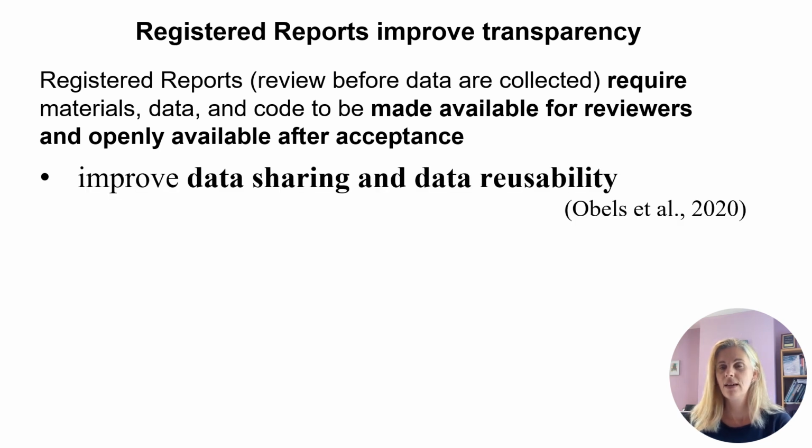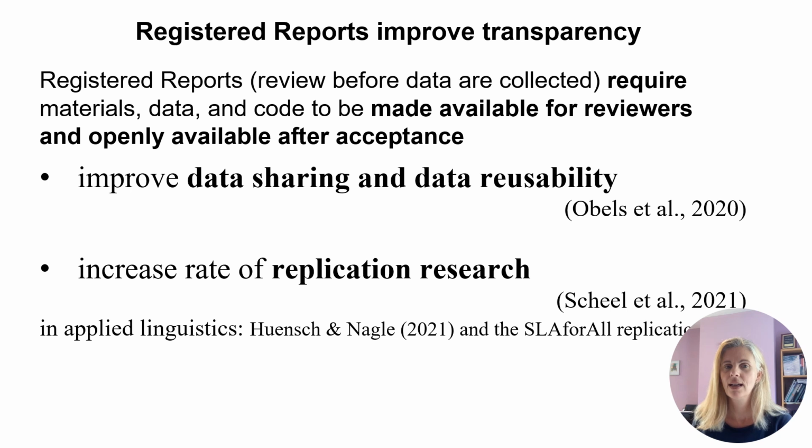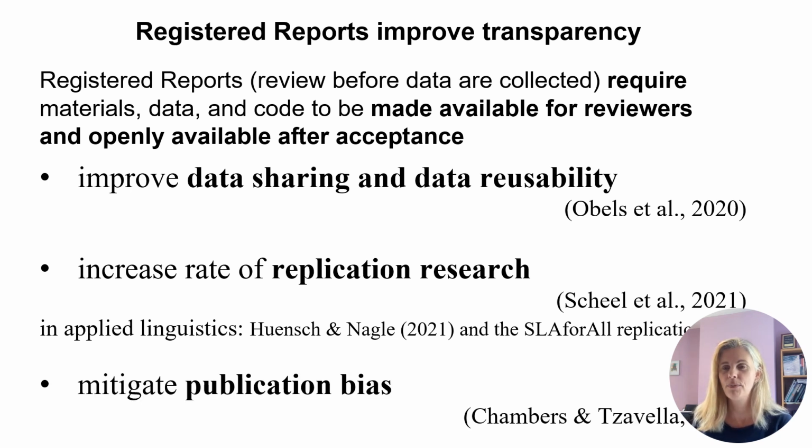This means that registered reports, by enforcing shared materials and data, improve data sharing and data reusability. They also increase the rate of replication research, and they've been shown to mitigate publication bias.